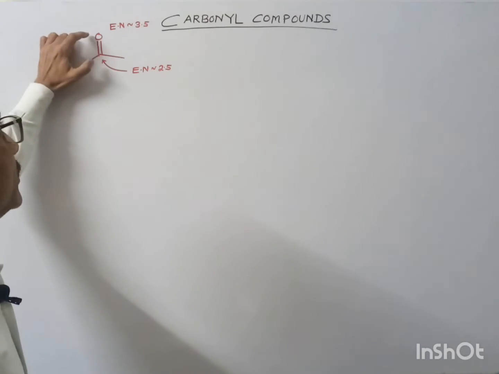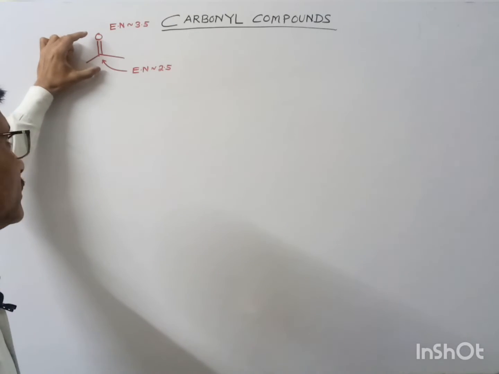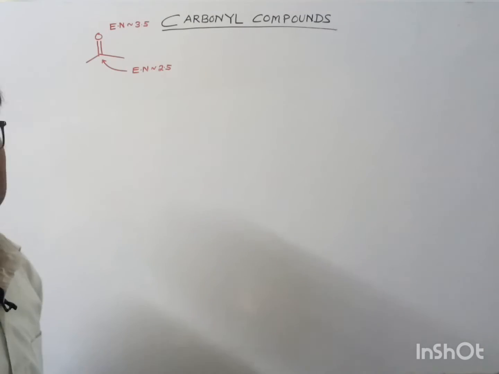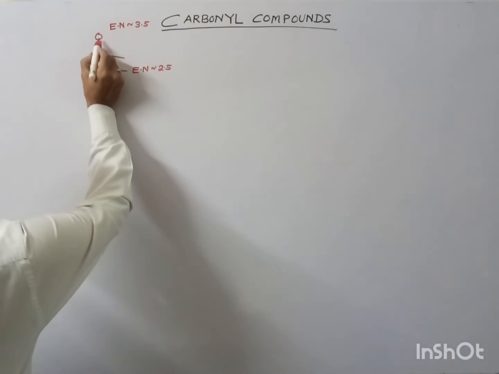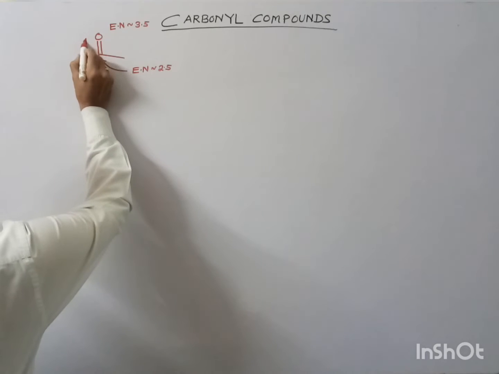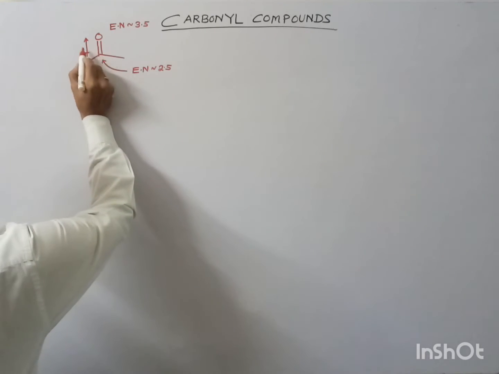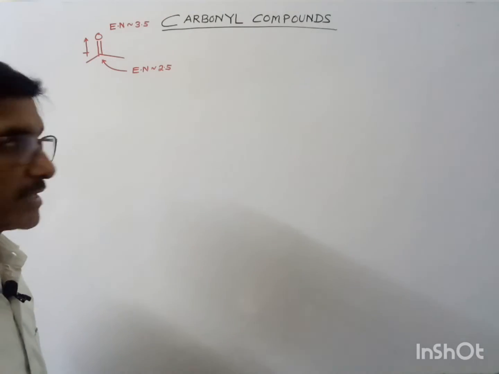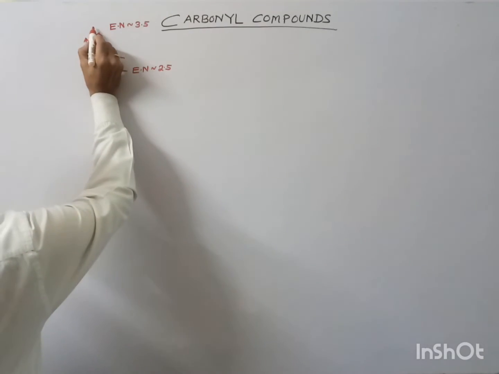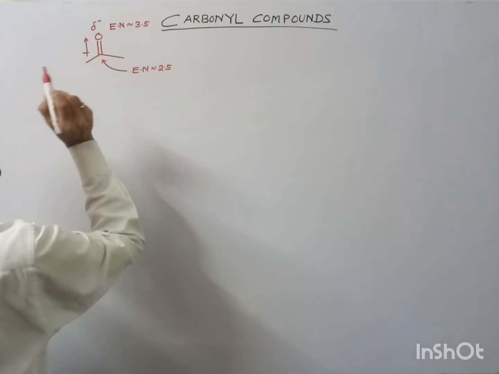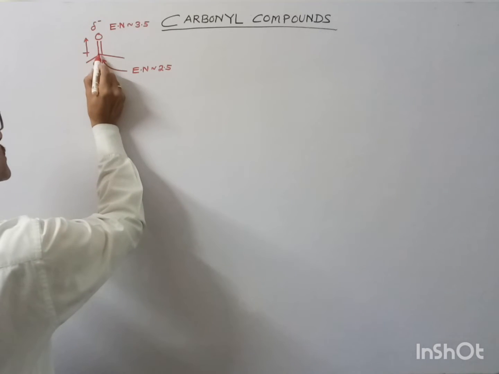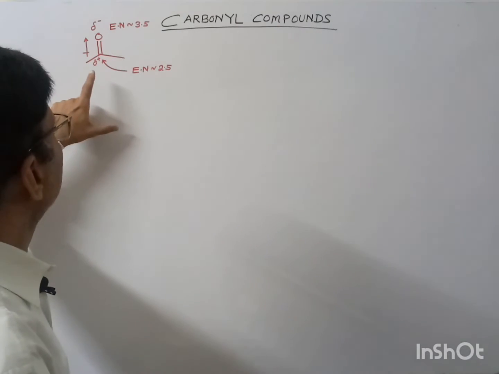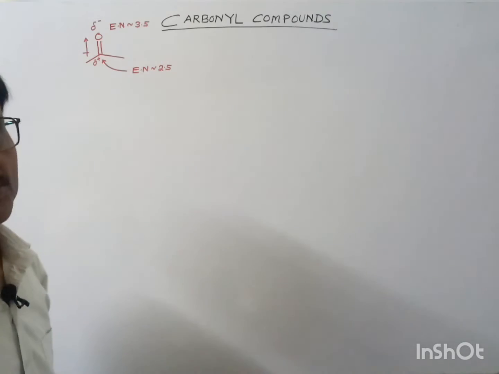As the electronegativity difference is very high, this double bond is quite polar in nature, and the dipole moment is towards the oxygen, being highly electronegative, while this carbon is comparatively much less electronegative. That's why this oxygen bears the partial negative charge, whereas this carbon bears the partial positive charge.